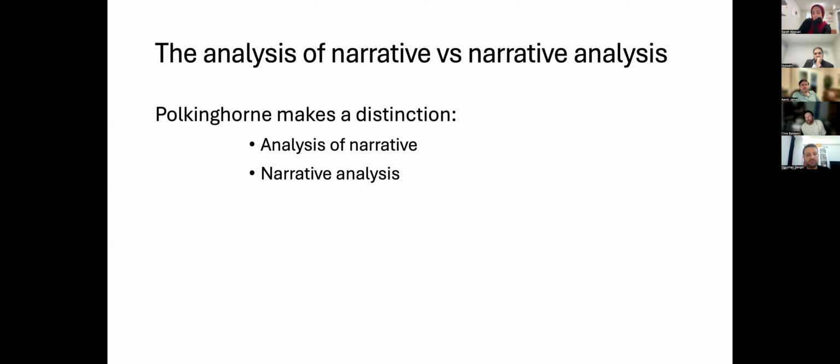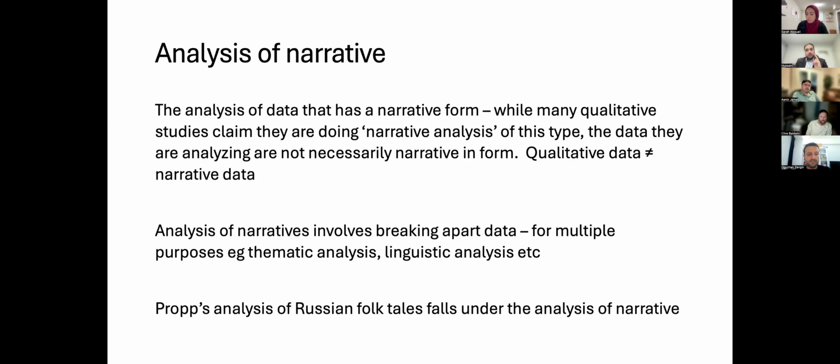While people talk about narrative analysis a lot, they sometimes lump these two together, and narrative analysis becomes almost a catch-all for almost anything you want to do.